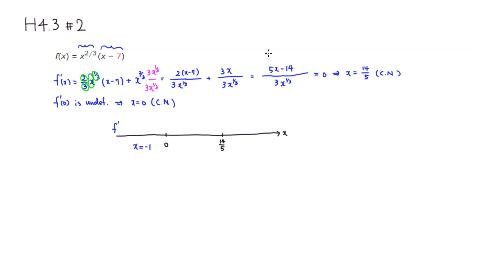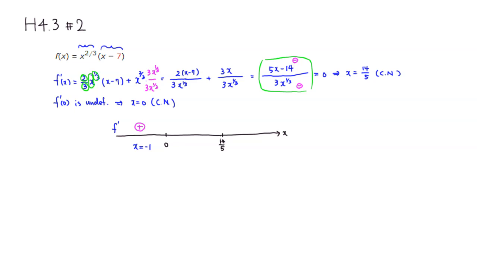Here's the derivative. If you put in negative 1, the denominator is going to be negative because the cube root of negative 1 is still negative. The numerator, negative 1 times 5 minus 14, is negative. So negative divided by negative is positive.